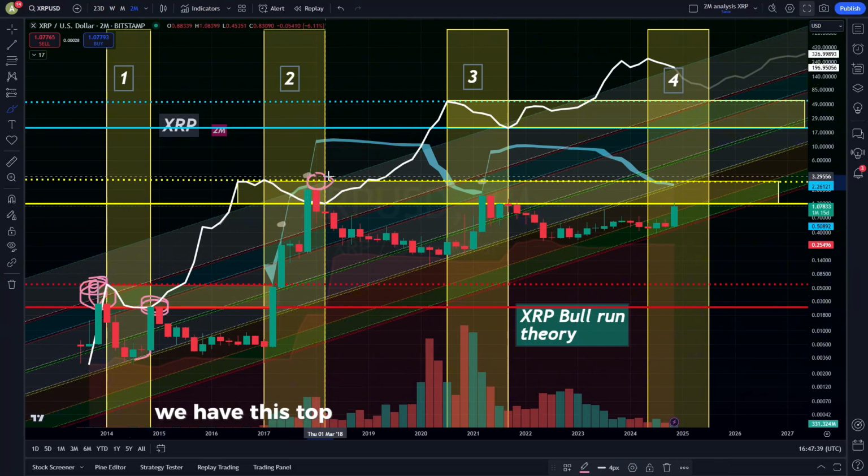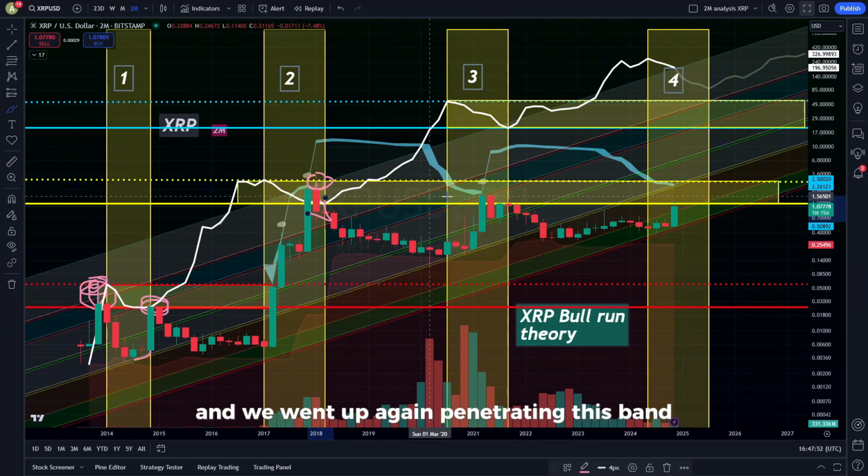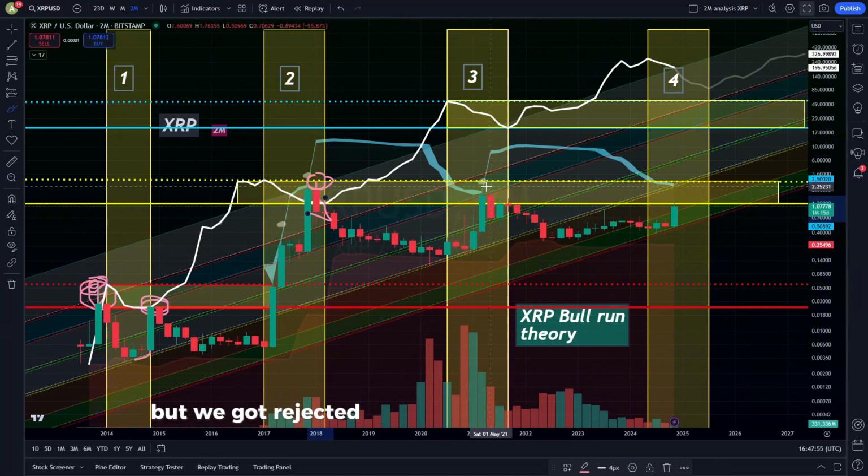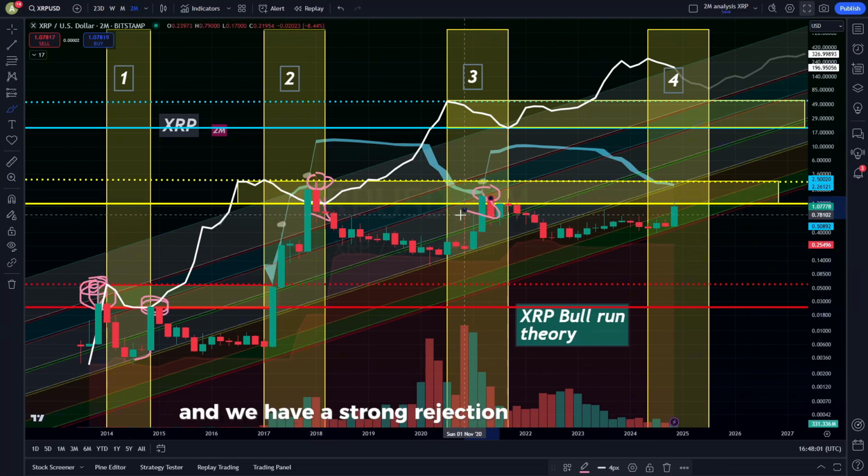We have this top reaching the top of the yellow area, but we got rejected by it and we went to the downside. Then we have this phase of the market and we went up again, penetrating this yellow band, but we got rejected by it once again from this candle and we have a strong rejection to the downside.